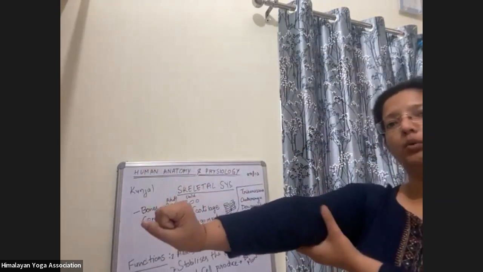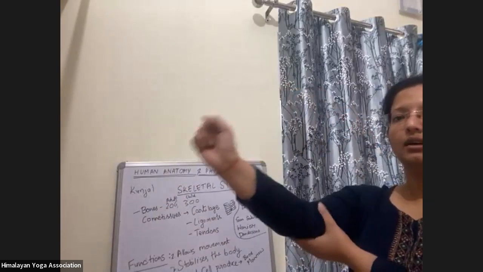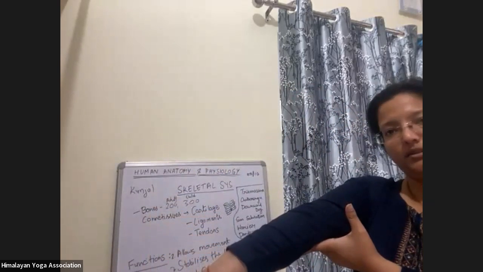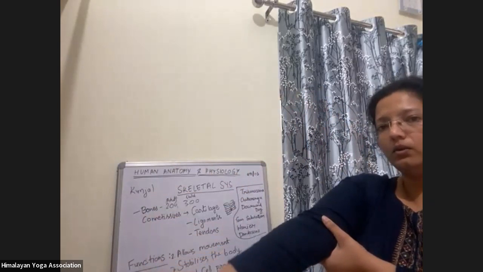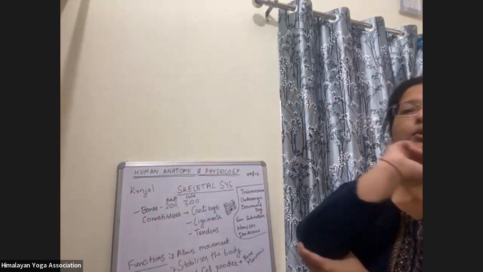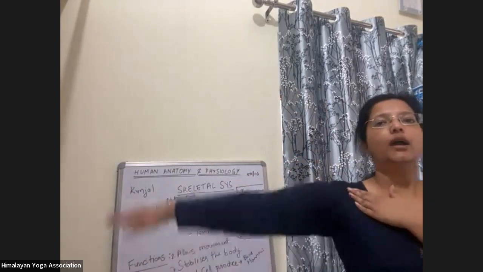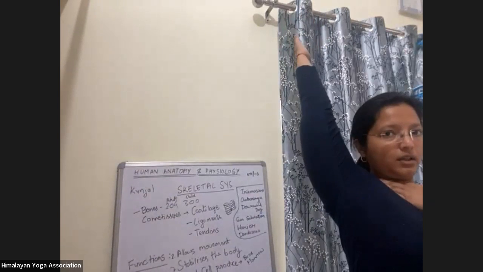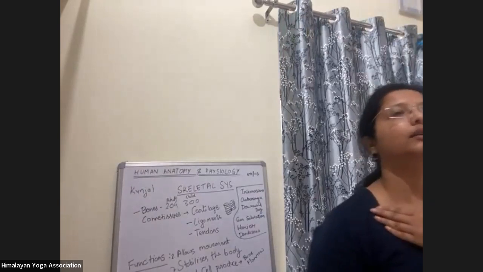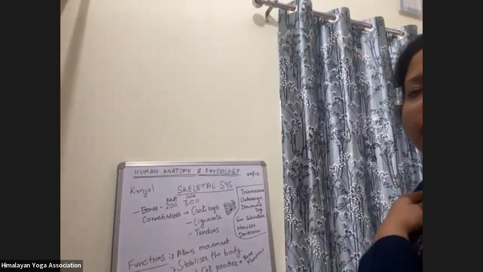Then my elbow. I can do this inward, but I cannot go outward. But I can rotate. Then shoulder joint. I can do this up, I can do from front, but I cannot go back. But I can do this rotation as well.